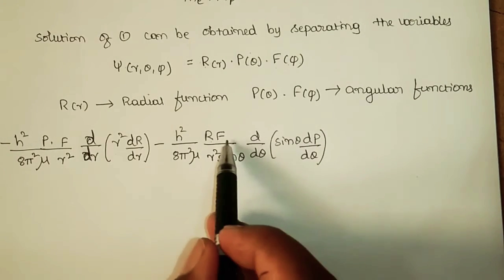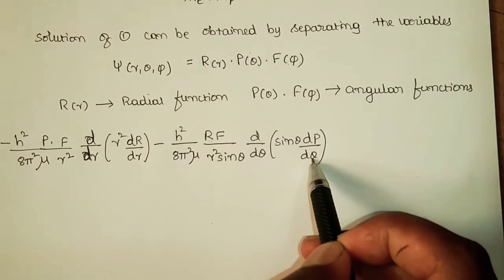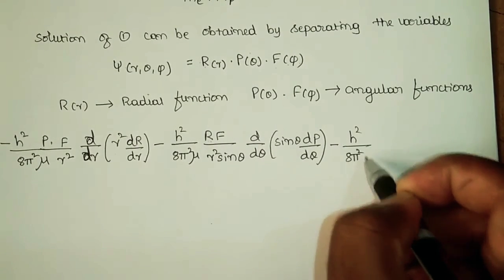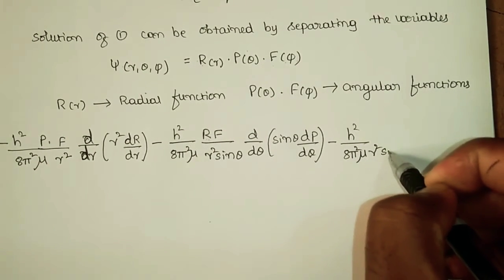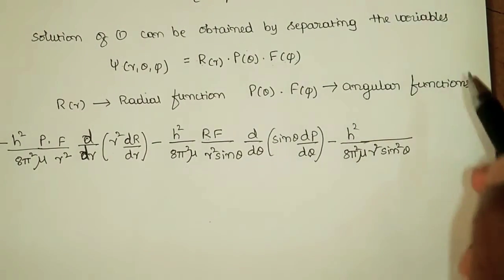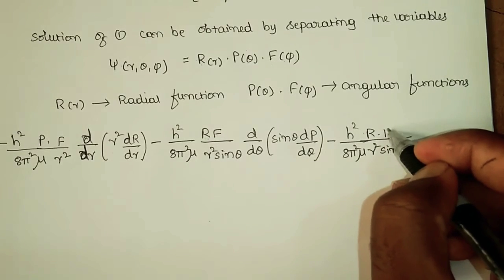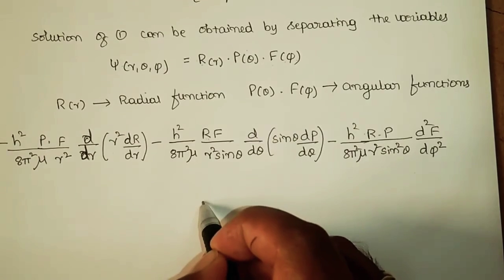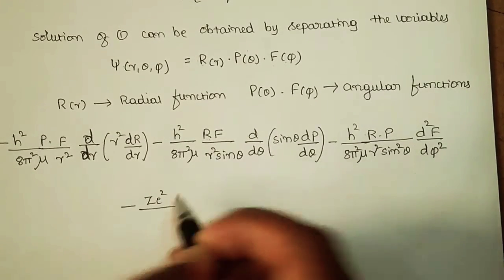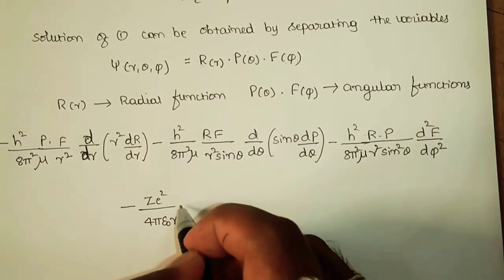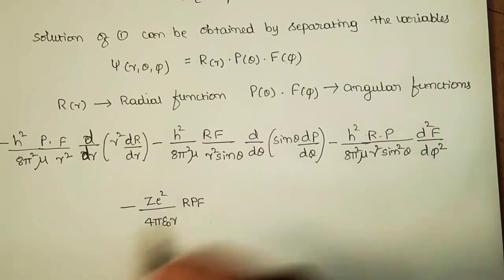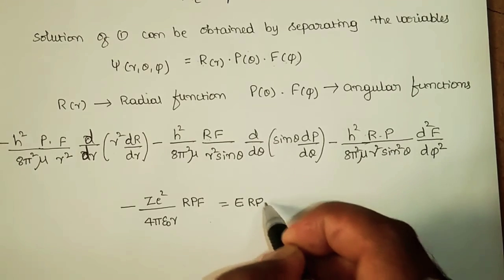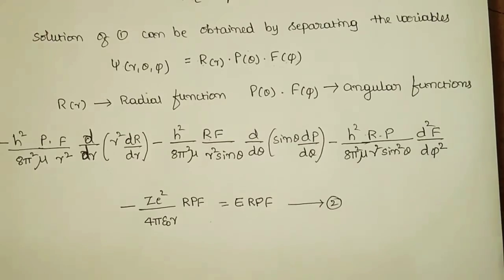And here the radial and angular functions, r and f, have been taken out, and since it is the p theta term, p has been taken inside, minus h square by 8 pi square mu r square sine square theta, and the last term is the phi term, so the r and p terms will be taken out, so d square f by d phi square, and the potential energy term, that is minus z e square by 4 pi epsilon naught r, and in place of psi we will be taking r p f, that equals E psi, E in place of psi we will be taking r p f, and this will be taken as equation number 2.